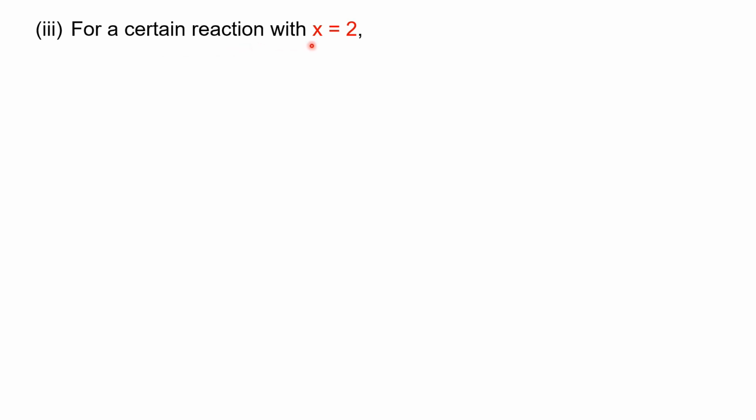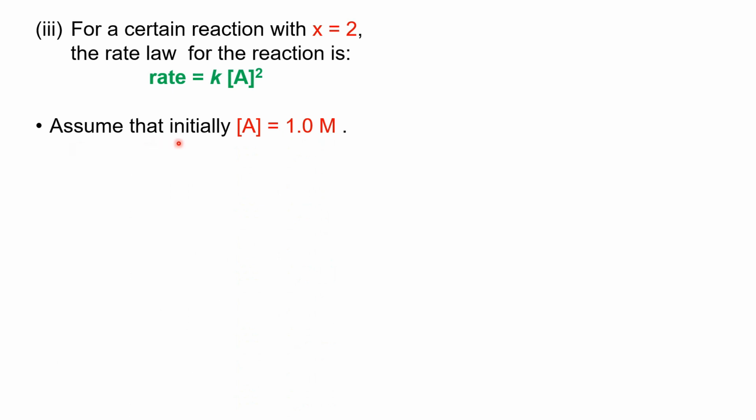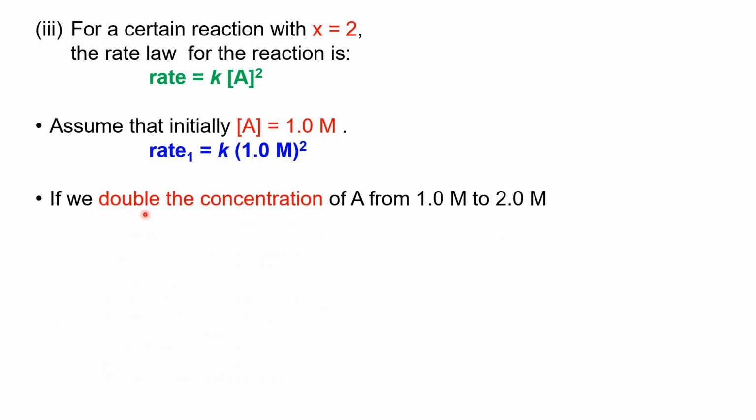For a certain reaction with x equal to 2, the rate law is rate equals k times concentration of A to the power of 2. Assume that initially the concentration of A is 1.0 molar. So rate 1 equals k times 1.0 molar to the power of 2. If we double the concentration of A from 1.0 molar to 2.0 molar, rate 2 equals k times 2.0 molar to the power of 2, or we can write rate 2 equals 4k times 1.0 molar.